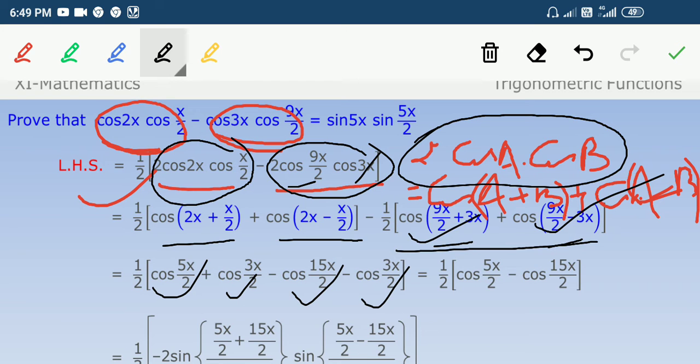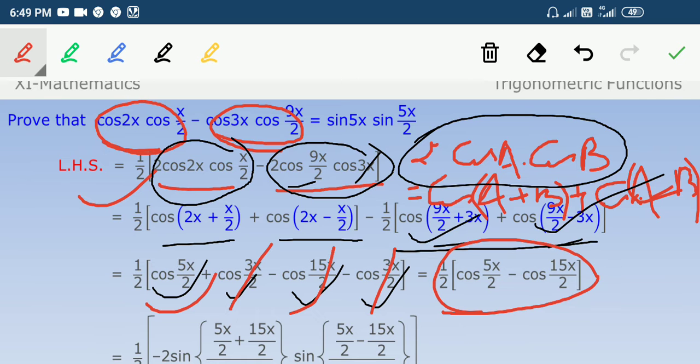I have written this one. Now we can see that you can cancel this one and this one, and you will be left with only this one. So we will write 1 by 2 as it is, and cos 5x by 2 minus cos 15x by 2.